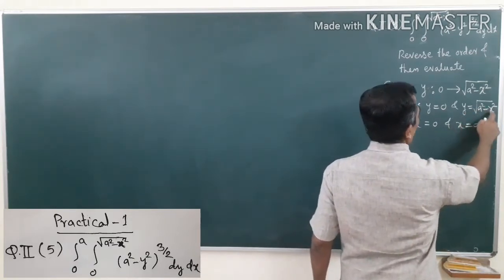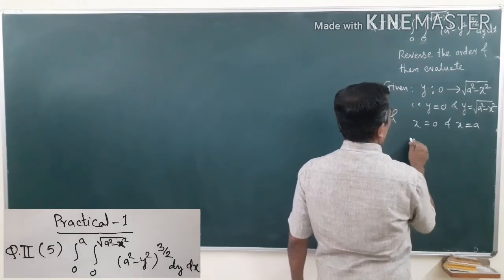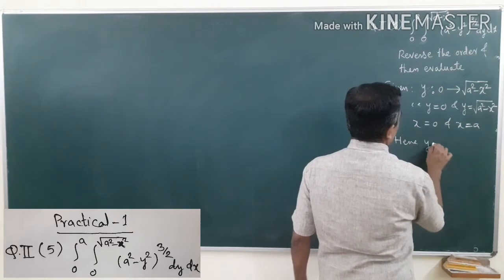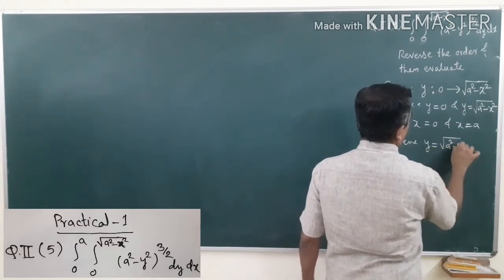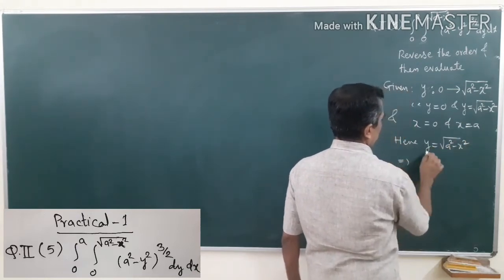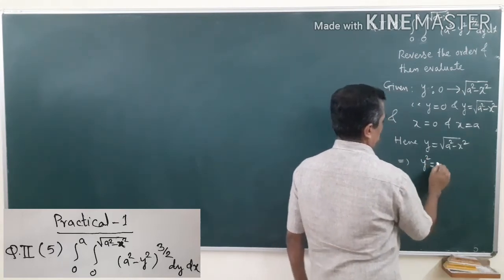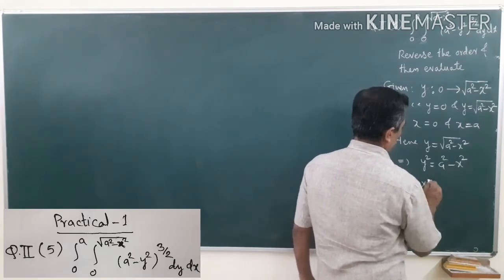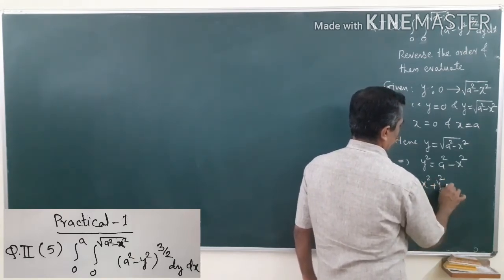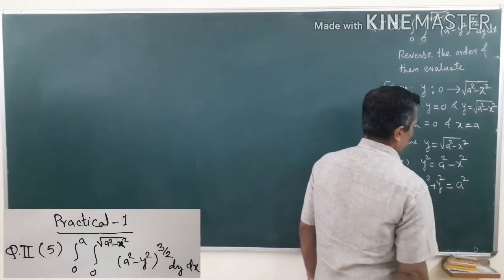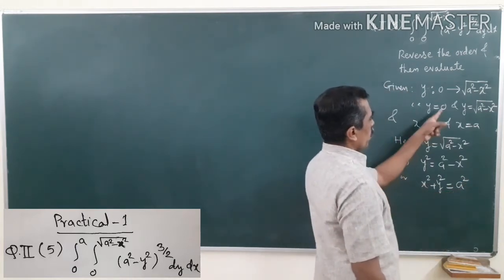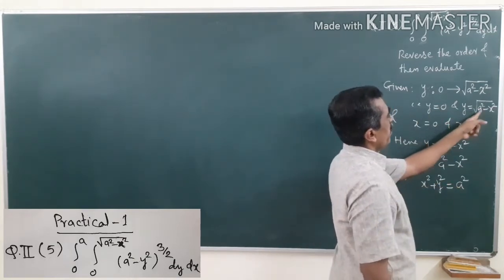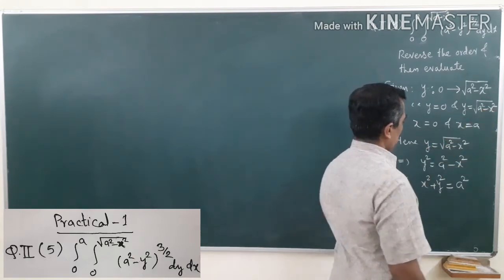Now, from the limits of y, what you observe is that y is equal to under root a square minus x square. This implies y square is equal to a square minus x square, or taking x square to this side, x square plus y square is equal to a square, and this is nothing but a circle. So y runs from 0 to the boundary of the circle.